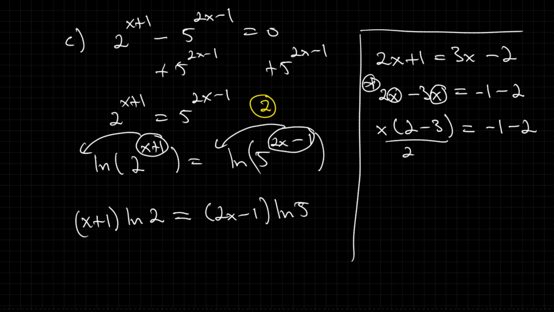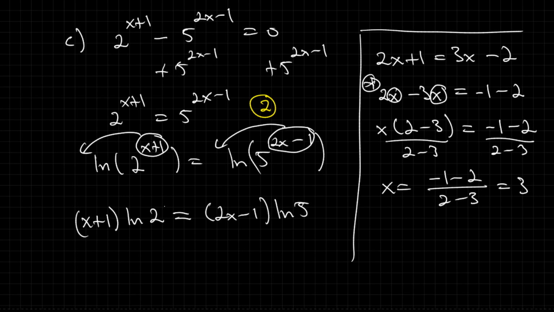Then you divide both sides by 2 minus 3, and you would get x equals (negative 1 minus 2) over (2 minus 3). And this expression you can simplify easily. Negative 1 minus 2 is negative 3, divided by negative 1, that's just going to be positive 3. So remember, get all the x's on one side and then factor out an x. So let's do that here.